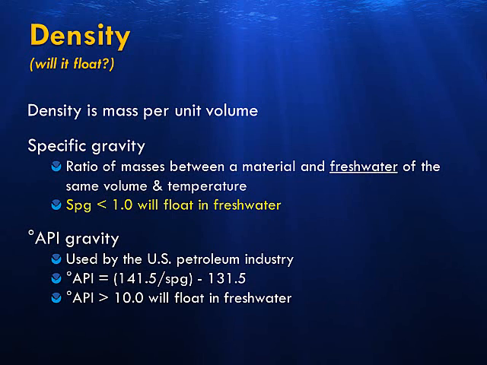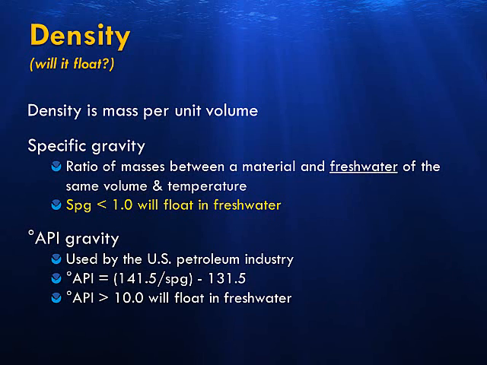When you're talking about oils, the U.S. petroleum industry uses a different way of describing density of oils, and that's by using API gravity, which many of you may be familiar with. But you don't really need to know this equation, except the thing to appreciate about it is that it's an inverse to specific gravity.